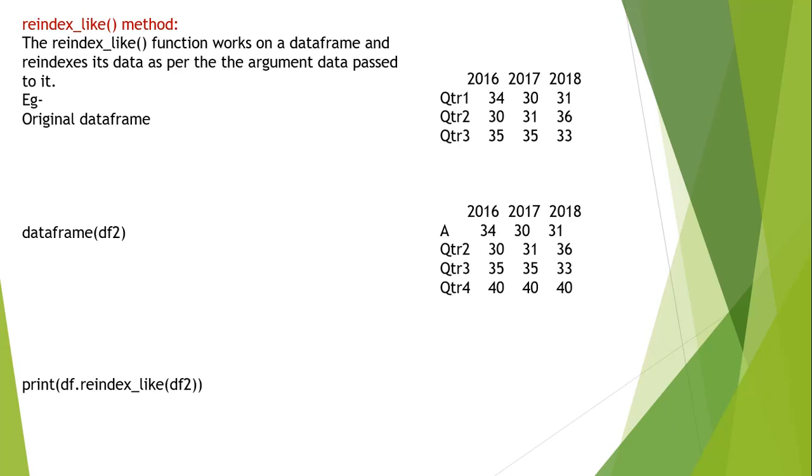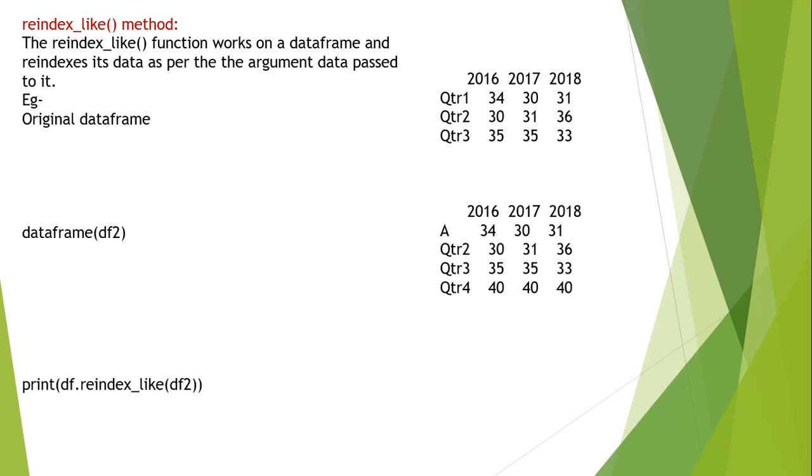Now df2 indexes are a, qtr2, qtr3, and qtr4. If you compare the original data frame and the df2 data frame, the qtr1 index is there in the original data frame, but qtr1 is not there in df2. Qtr2 and qtr3 are there in both of the data frames, but qtr4 is there in the df2 data frame, and it is not existing in the original data frame.